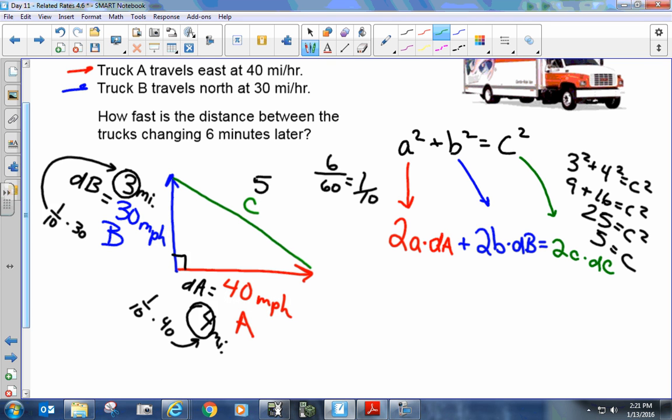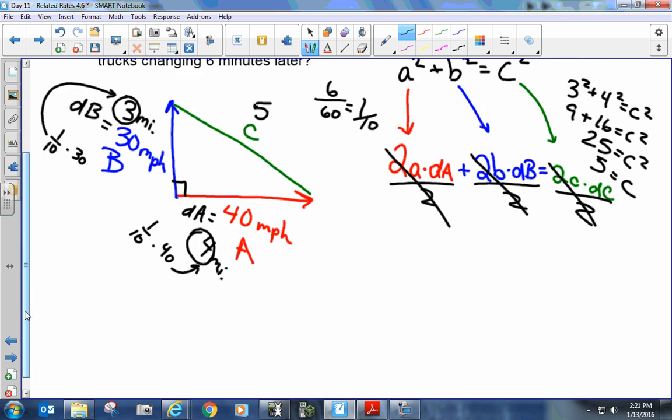They want to know dC. Well, I tell you what, the first thing I'm going to do is divide both sides by 2. Because if I divide everything by 2, what happens? Yeah, 2's go away. Don't got to worry about it anymore. So now I have A dA plus B dB equals C dC. That's not an E, it's a C.